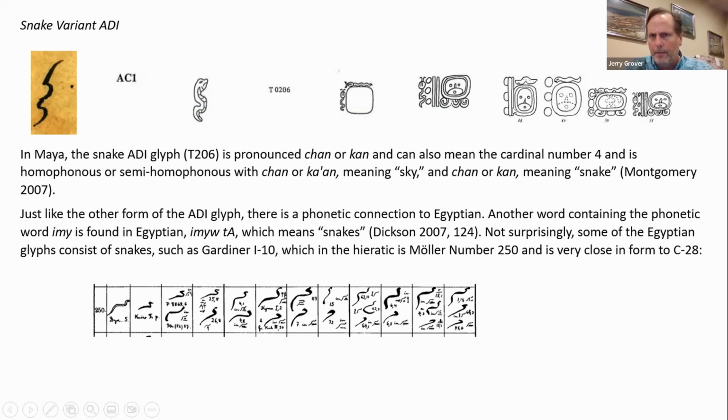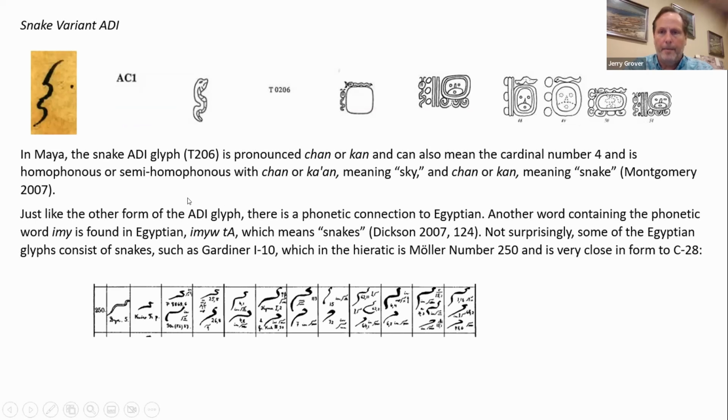Kind of interesting, because the main place it's found among the Maya is in Palenque, in areas that we consider right adjacent to the Nephite area, on the Usumacinta River and the environs there. So in the Maya, this particular one is pronounced Khan, can also mean the cardinal number 4, it means sky, but it also means snake, of course.